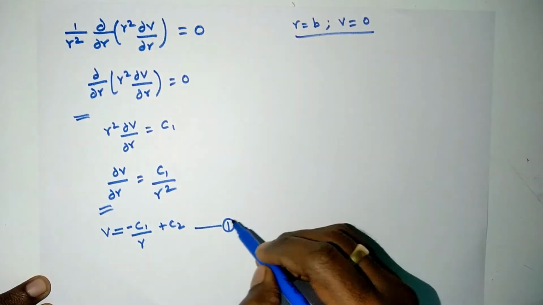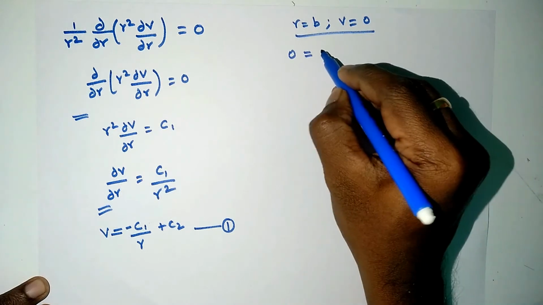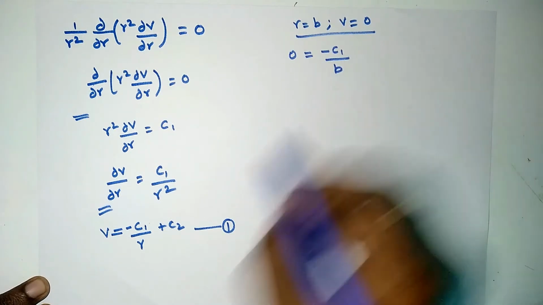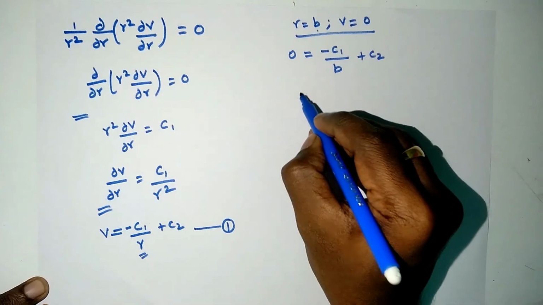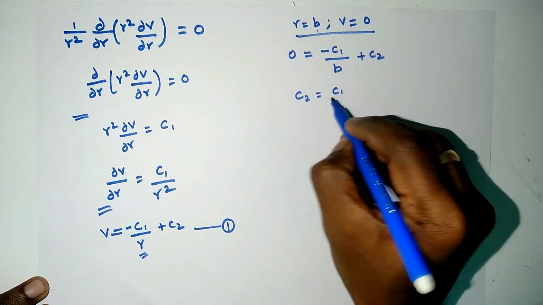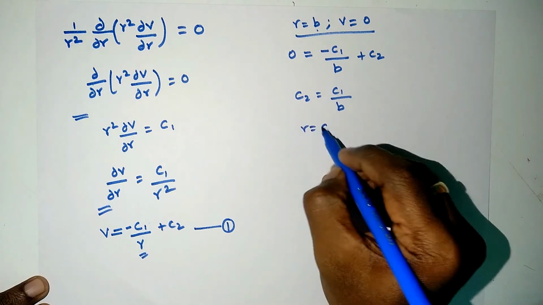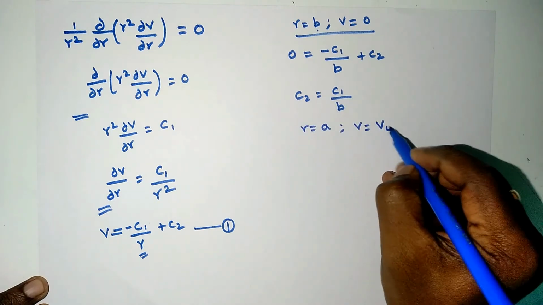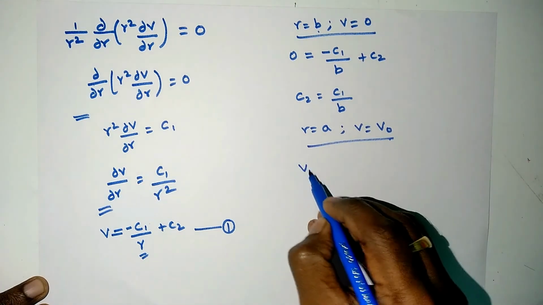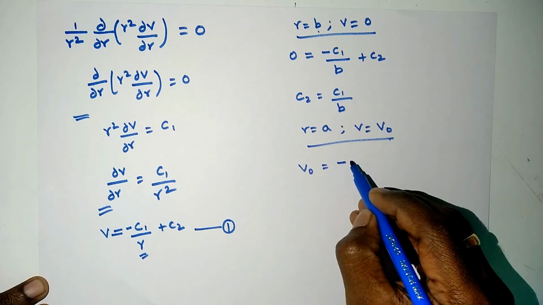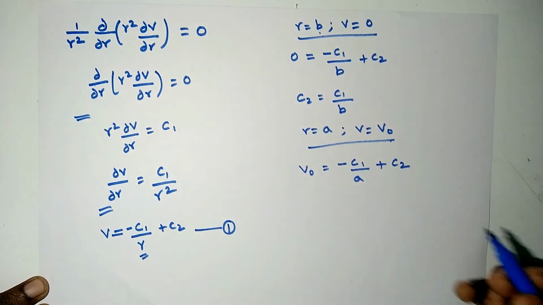So we shall apply this condition in equation number 1. So voltage is 0, equal to minus C1 by b, because r is equal to b, plus C2. So we can write C2 is equal to C1 by b. Now we shall apply the second condition, that is when radius is equal to a, voltage will be equal to V0. Now apply this condition in equation number 1. We can write V0 is equal to minus C1 by a plus C2.